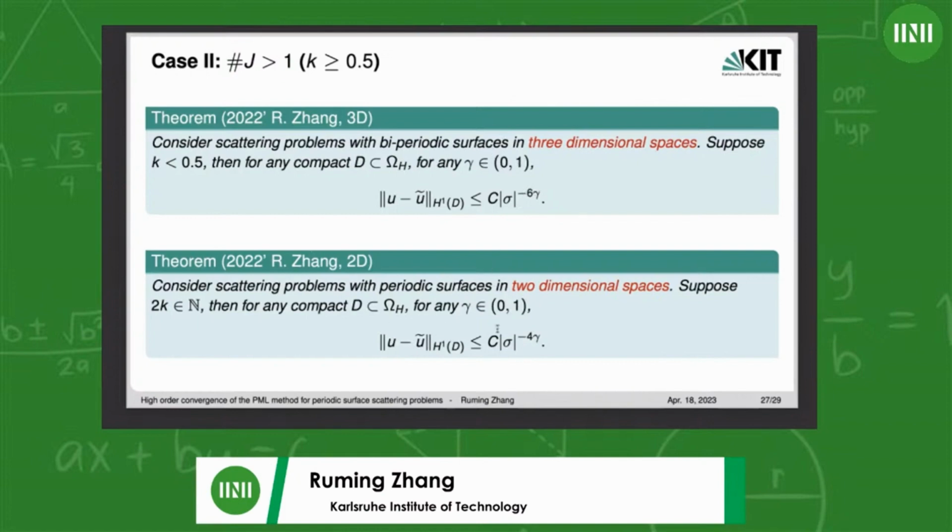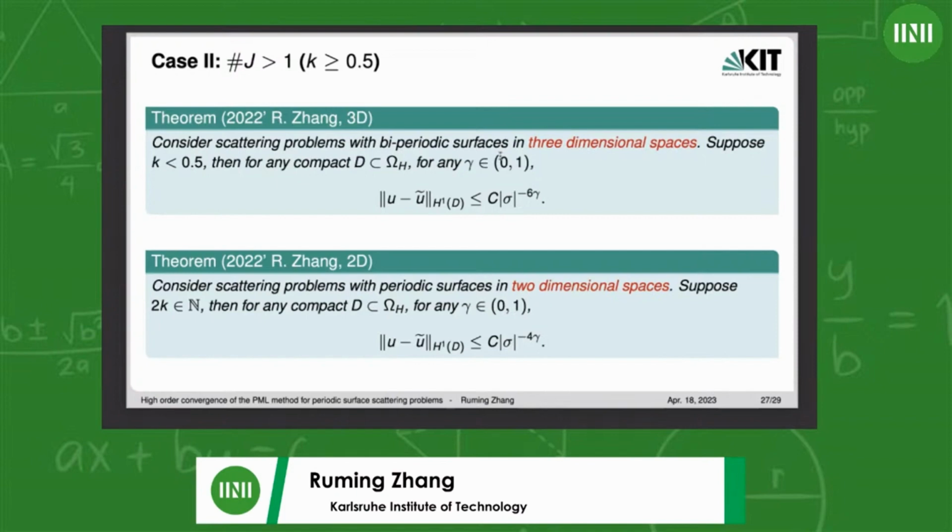For 2D, in the previous part I made the assumption that 2k is not an integer, but when 2k is an integer, we can use the same way, and what I can get is that the convergence is -4 gamma.